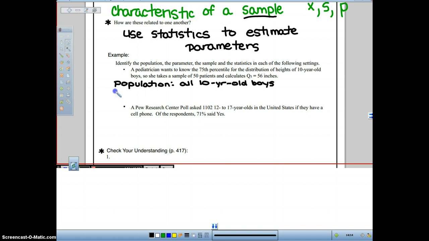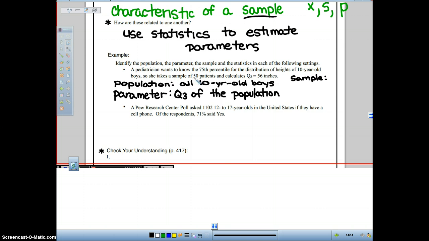Okay, the parameter that she's looking for, it says, is the 75th percentile for their heights. So another way to put that is that she's looking for the third quartile of the population. For the sample, that's the people she's actually getting information from.